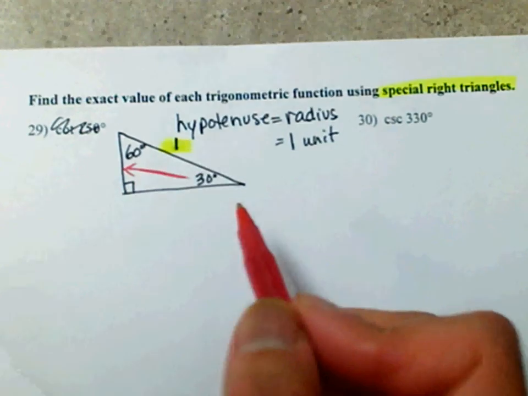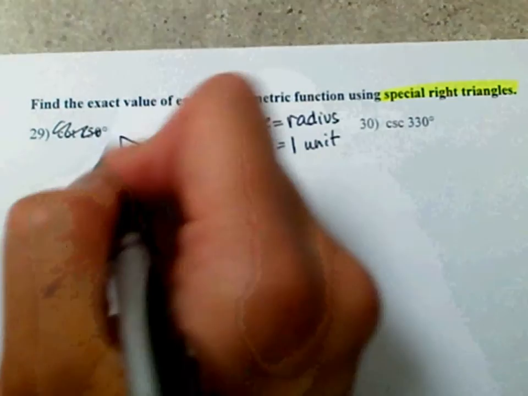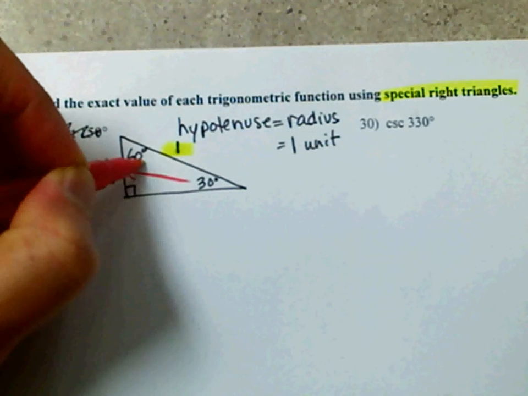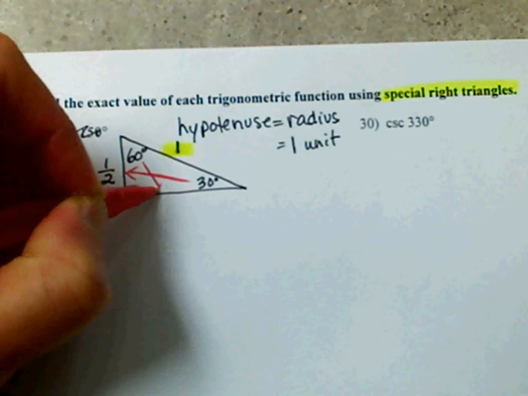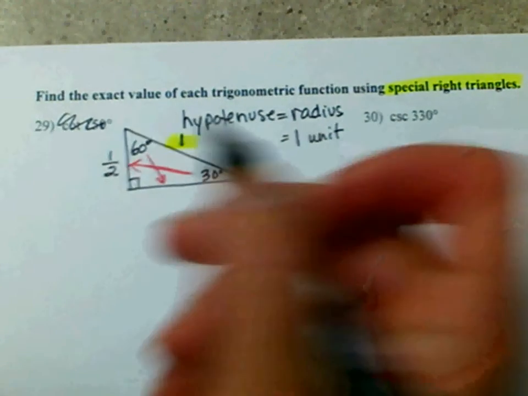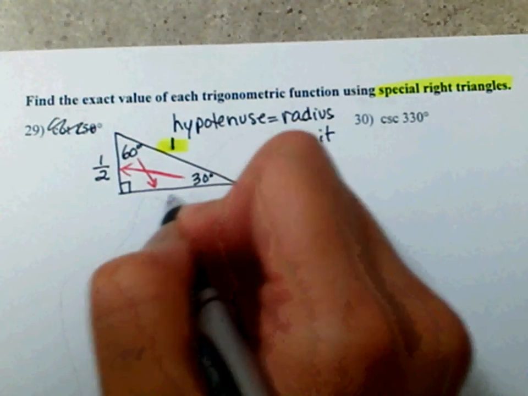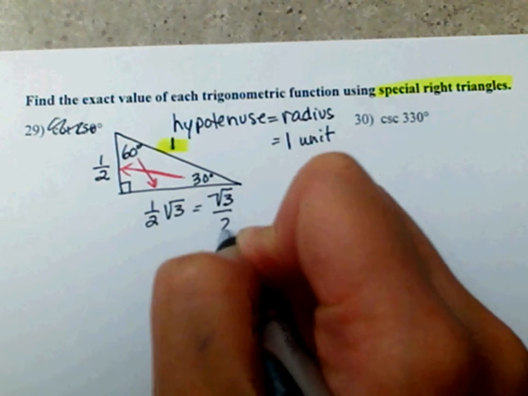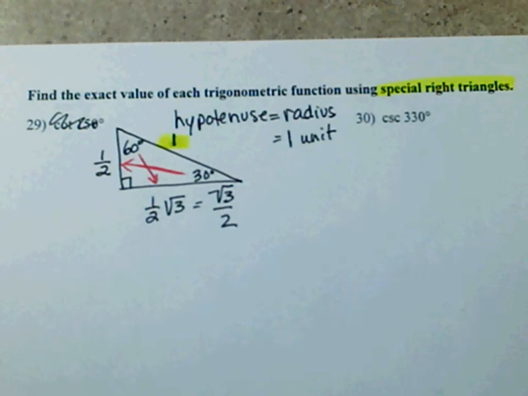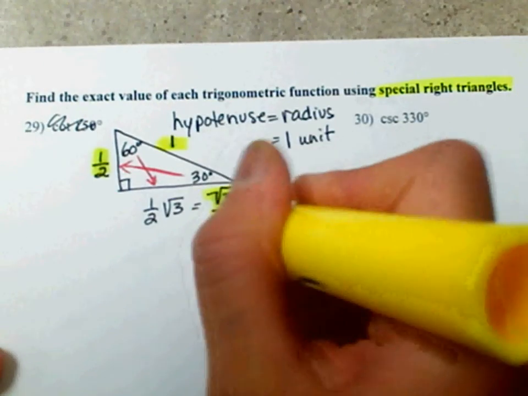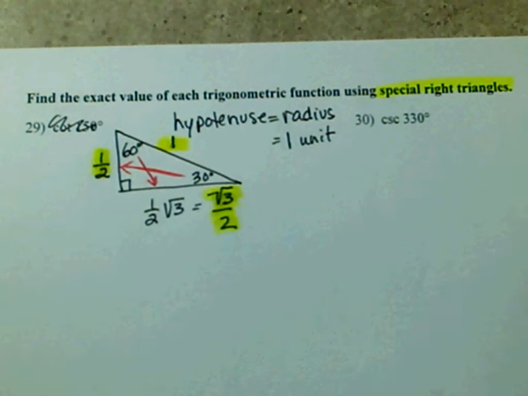What corresponds to the middle angle, 60 degrees, you always multiply the short leg by the square root of 3, which is 1/2 times the square root of 3, which comes out to be square root of 3 over 2. So these are the ratios you always need: the 1, the 1/2, and the square root of 3 over 2. You need to have that memorized. It will make your life so much easier when you are heading into the unit circle. Okay?